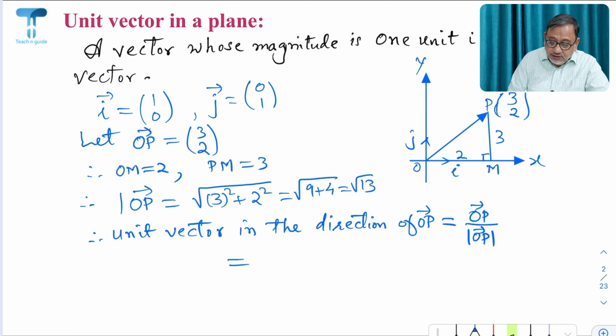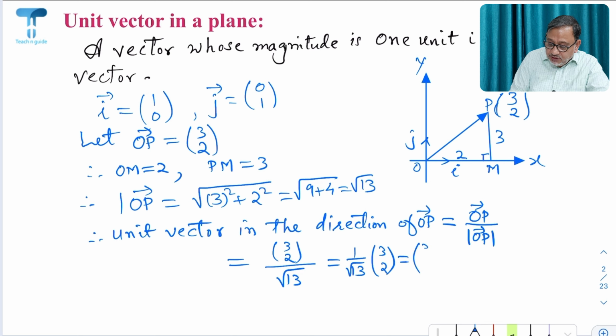So it will be vector OP, which is (3, 2) in component form, divided by square root of 13. So in component form we can write 1 over square root of 13 into (3, 2), which is (3 by square root of 13, 2 by square root of 13).